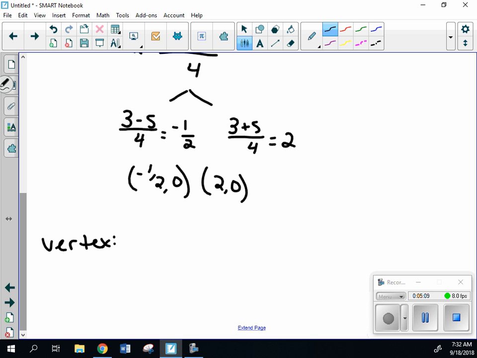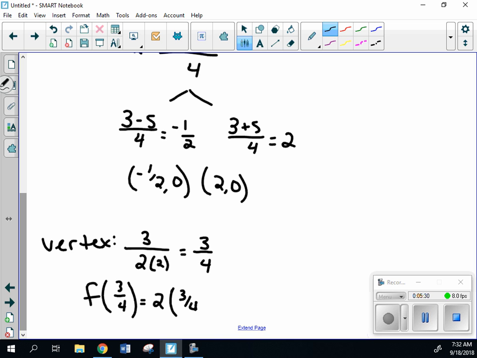The vertex. So again, this formula is negative b over 2a. So I'm going to have 3 over 2 times 2. So the x value of the vertex is located at positive 3/4, but I've got to plug it back into the original in order to figure out the y coordinate.